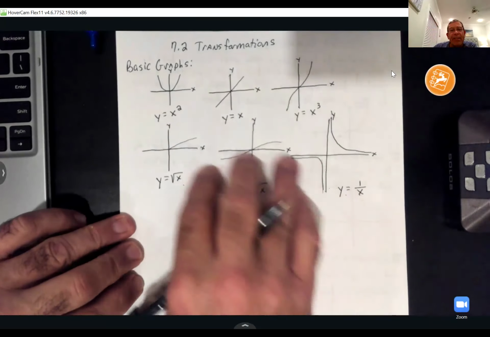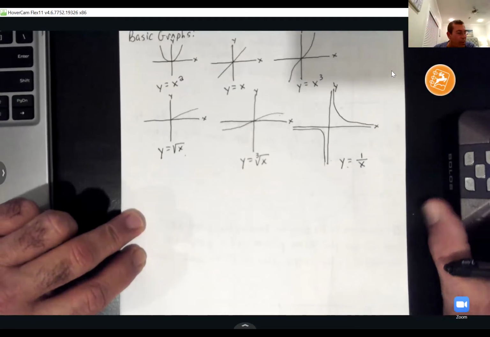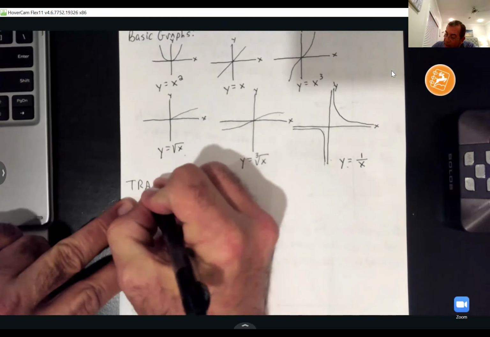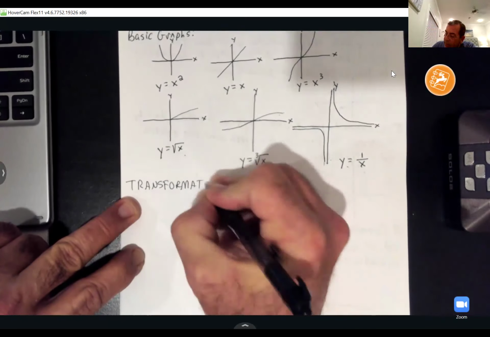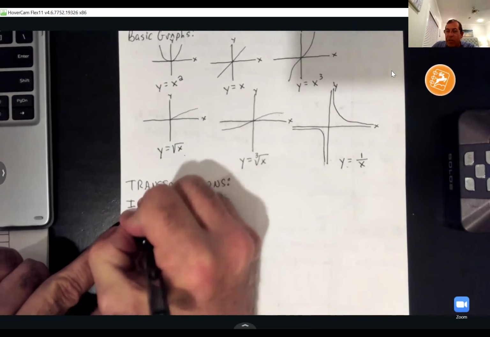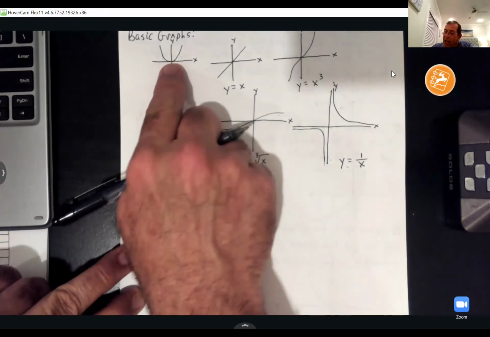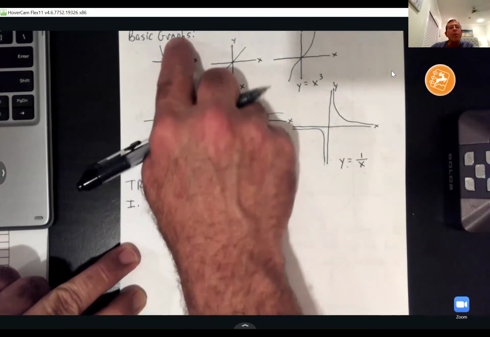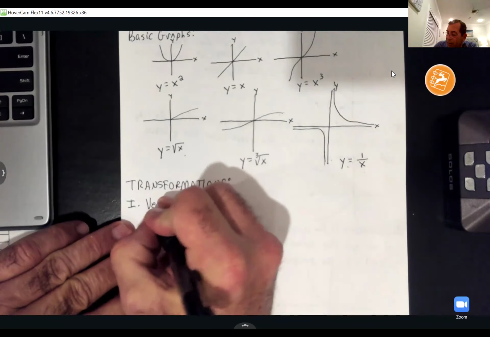So these are the basic graphs they're going to start out with. What we're going to do is move them around by doing the following transformations. There are 3 transformations we're going to look at. First, we're going to take these graphs and move them up or down. Moving a graph up or down is a vertical shift.